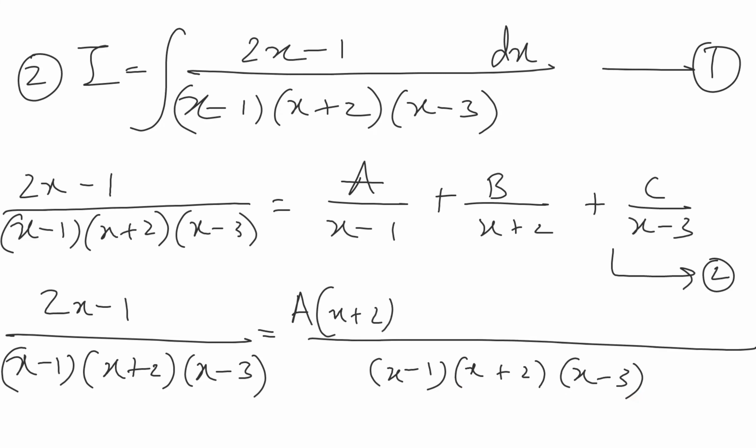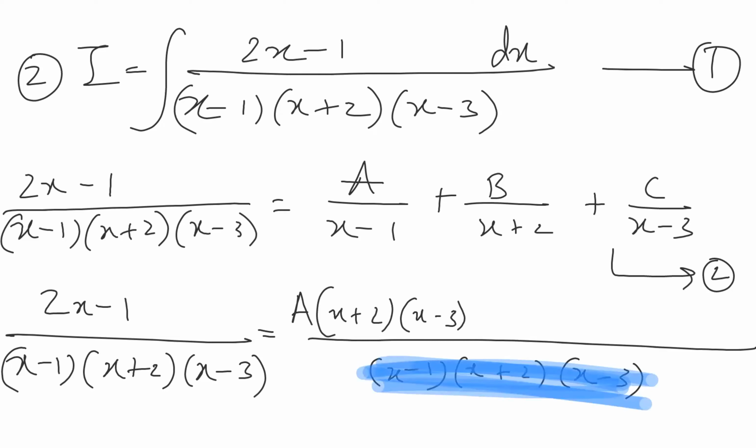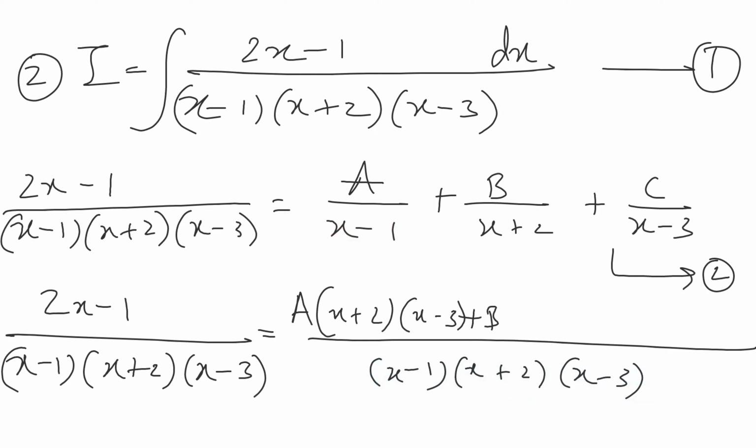X plus 2, x minus 3. If you're getting confused, what you should do is divide this blue colored term with this red colored term. So x minus 1 will get cancelled. You'll be left with x plus 2, x minus 3. Fine. Plus B, blue colored term, that is the LCM term, divided by x plus 2. So x plus 2 will get cancelled.